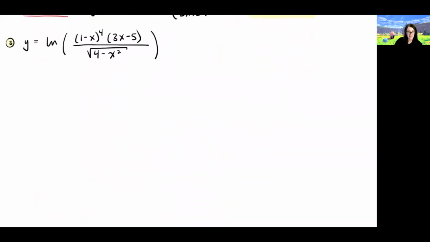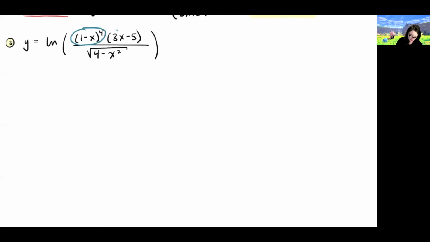Okay, let us look at this monstrosity here, the natural log of 1 minus x to the 4th times 3x minus 5 over the square root of 4 minus x squared. So here we do have a fraction. So I'm going to look up top and see what's all multiplied.